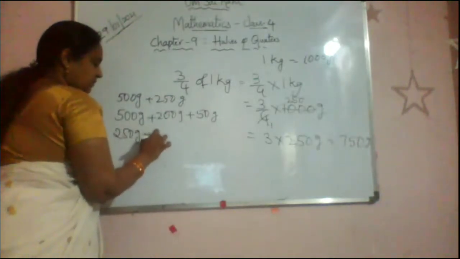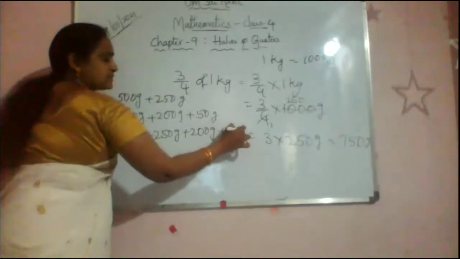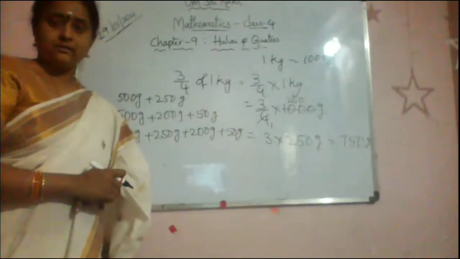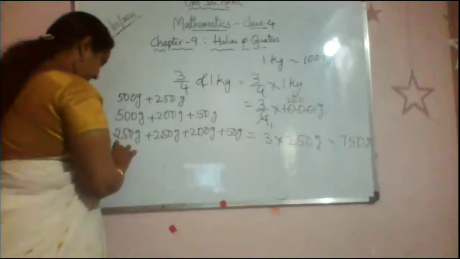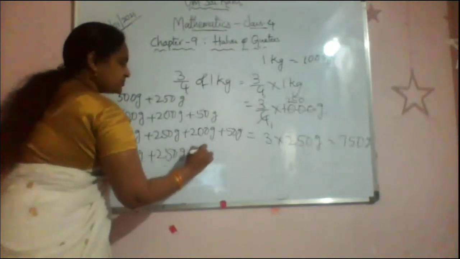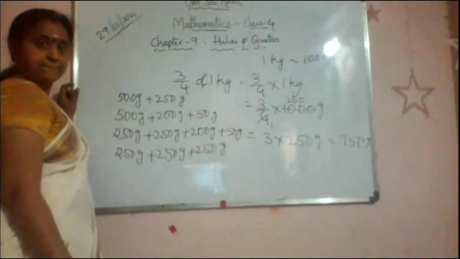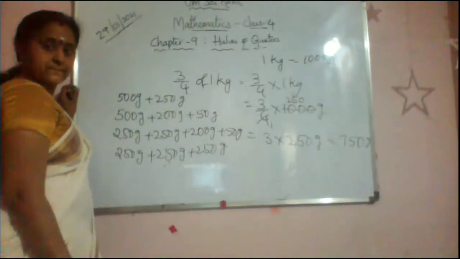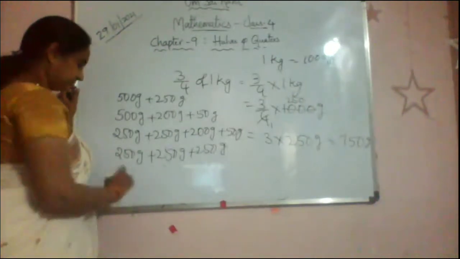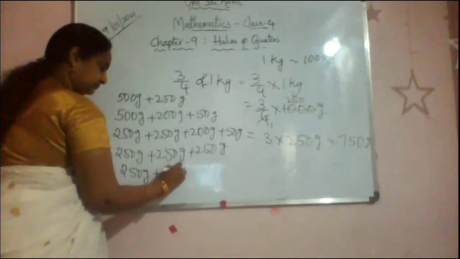250 grams, 250 grams, 200 grams plus 50 grams. So many ways we have, not only one or two. 250 grams, 250 grams, 250 grams. Very good, Vijwala. Next. 250 grams, 100 gram, 100 gram.